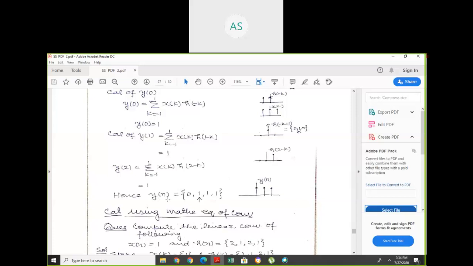So y of n is 0 when n is -1, when n is 0, y of n is 1, when n is 1, the value of y of n is 1, and when n is 2, the value of y of n is 1. This is the convolution of the given signal.